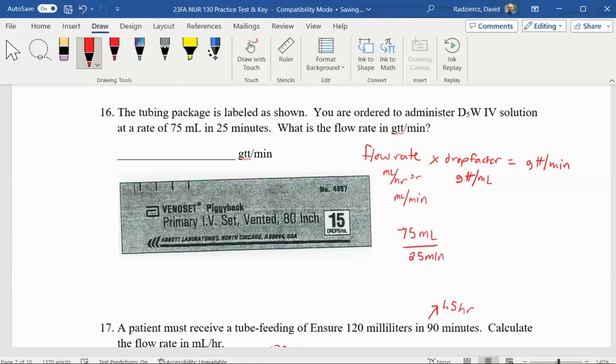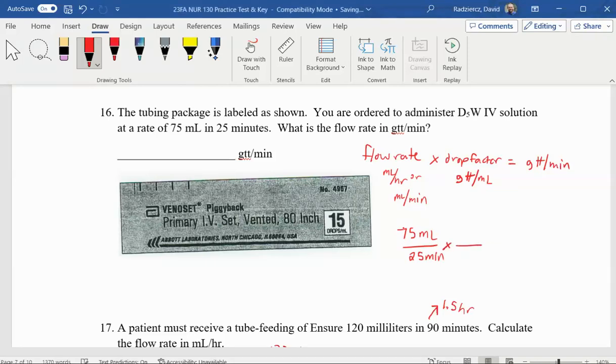You might be tempted to convert minutes to hours, especially since we just went over that. Don't do that. Don't convert minutes to hours, because we're looking for drops per minute and we don't need to make an extra conversion. Okay. So I have 75 milliliters in 25 minutes.